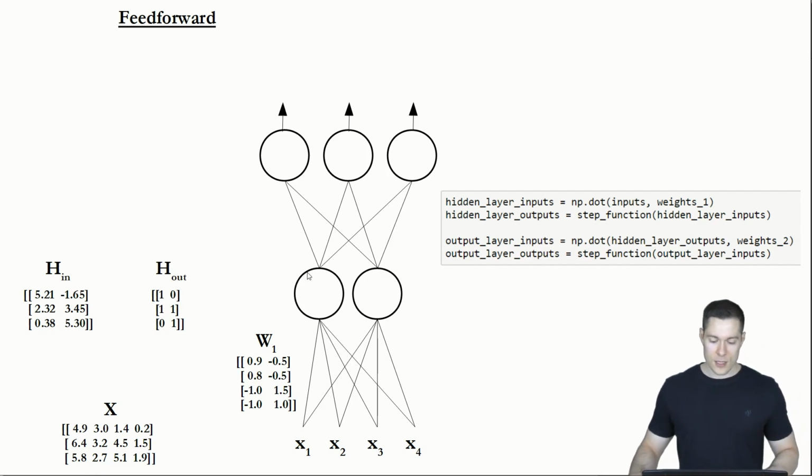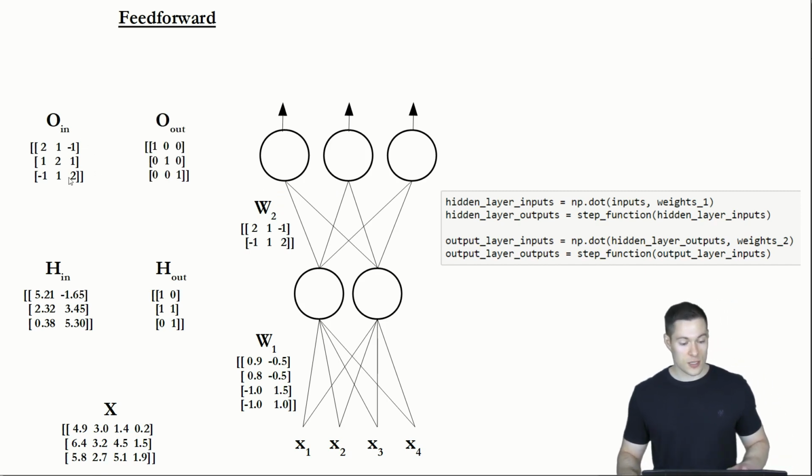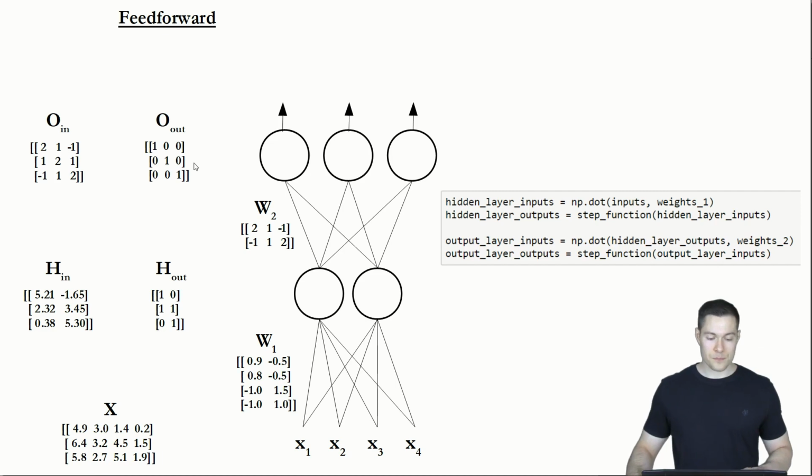And then in the next step, to move from this point in the neural net to this point, we use the hidden layer outputs and multiply them with weight matrix 2. This will then give us the output layer inputs. And then finally, to move again through the nodes from here to here, we simply apply our step function to this matrix.